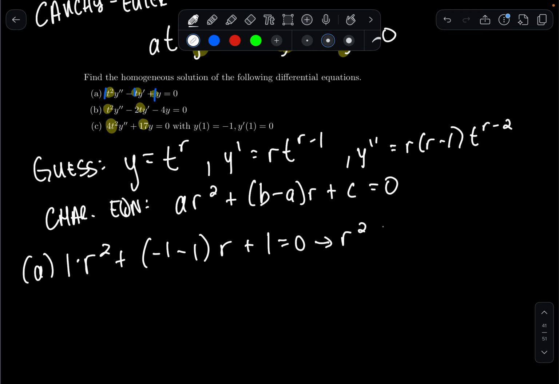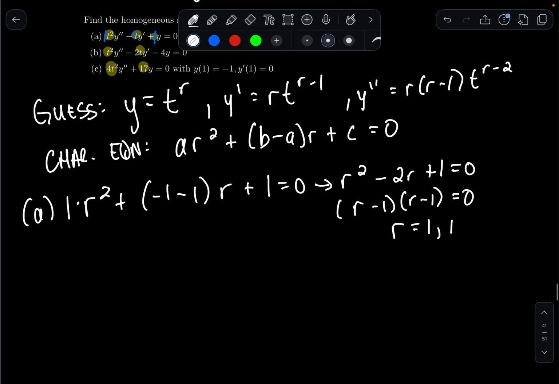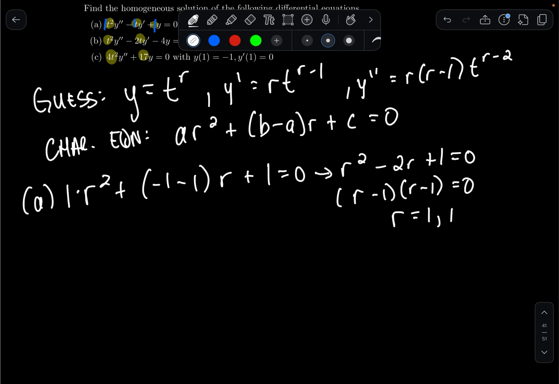This is r squared minus 2r plus 1 equals 0, and this equation factors nicely. It factors as r minus 1 times r minus 1, giving us our two roots of 1 and 1. So we are in the real and repeated root case.